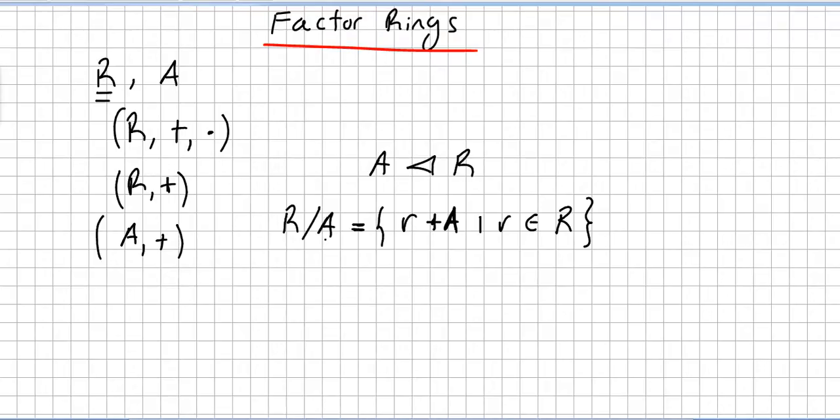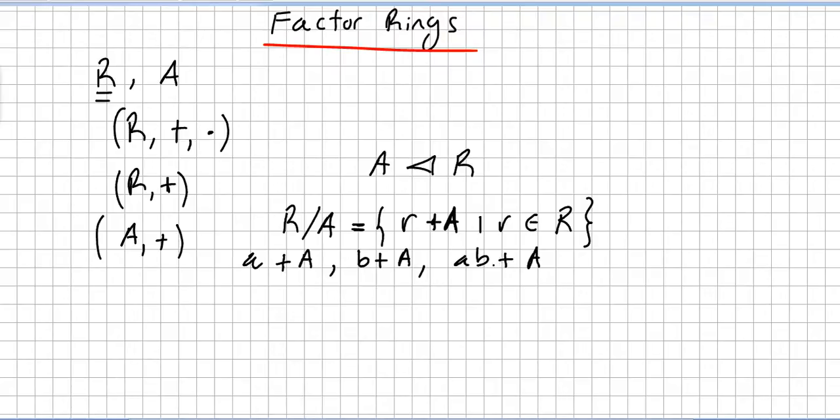Now the question is, like in the groups, the idea is more or less the same: how many of these can we form? A plus the ideal, B plus the ideal, AB plus the ideal. How many can we form?